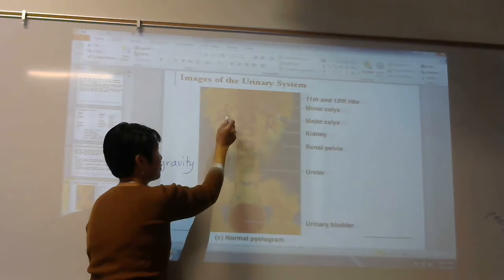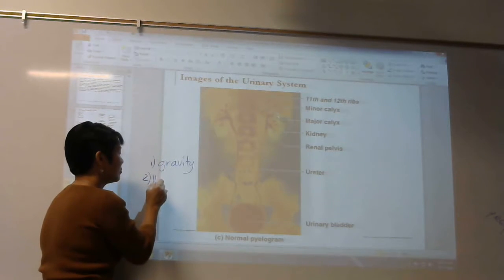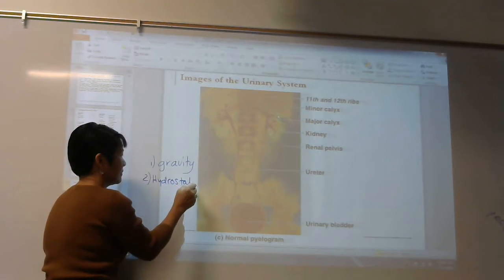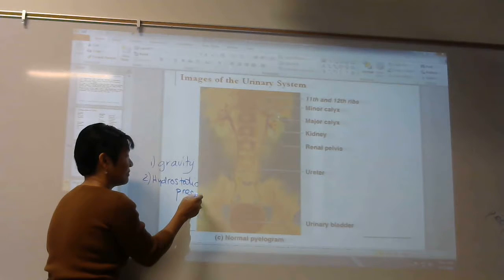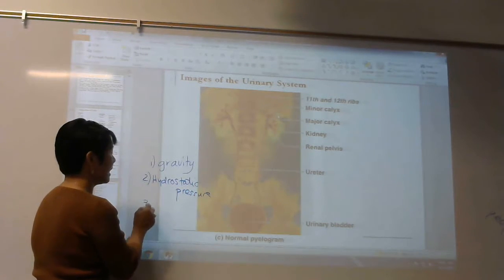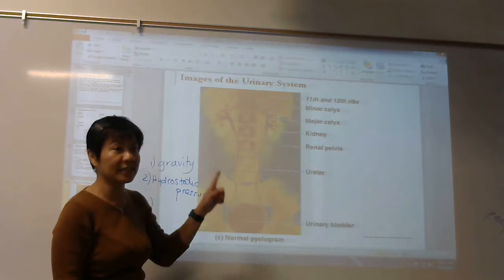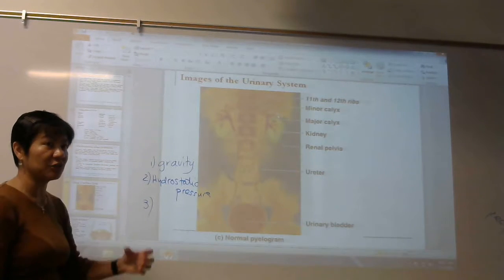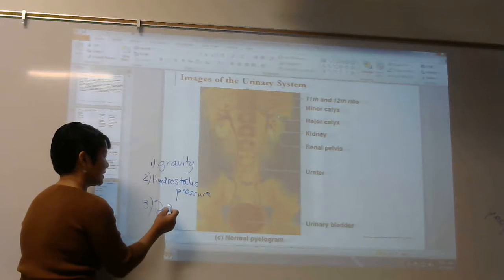Another one, hydrostatic pressure, like waterfalls. It just falls down. And another one, can you guess? The ureter is smooth muscle, so what's that forward movement like in your GI tract? Very good. Peristalsis.